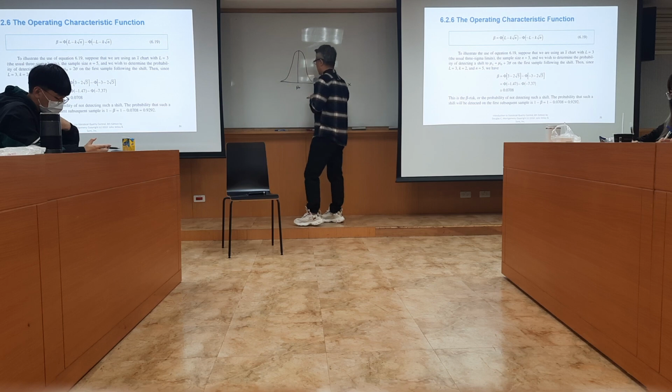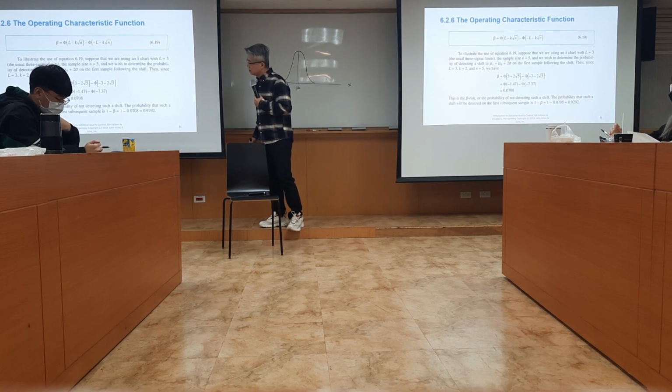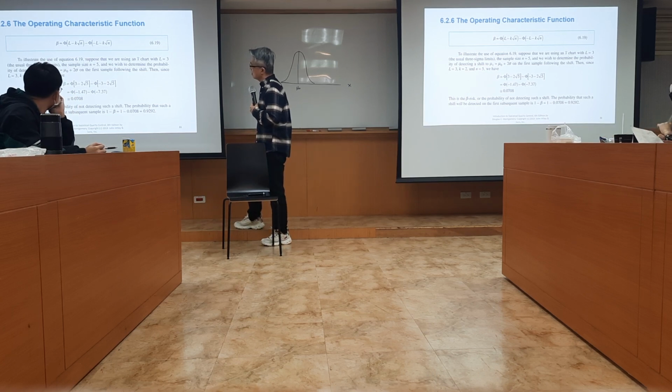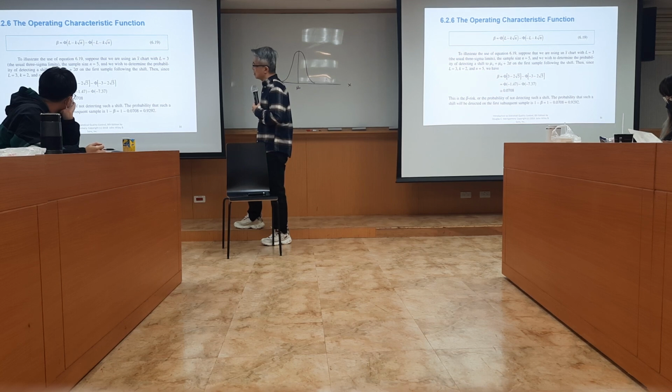We construct it with L equal to 3, n equal to 5, to determine the probability of detecting mu equal to mu naught plus 2 standard deviations, for example, on the shift.